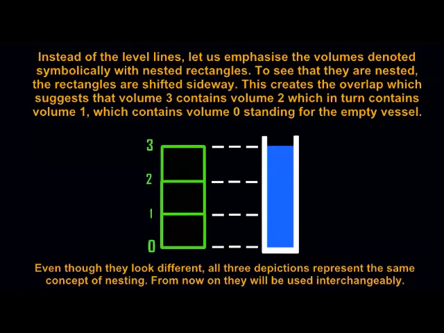To see that they are nested, the rectangles are shifted sideways. This creates the overlap which suggests that the volume 3 contains volume 2, which in turn contains volume 1, which contains volume 0, standing for the empty vessel. Even though they look different, all three depictions represent the same concept of nesting. From now on, they will be used interchangeably.